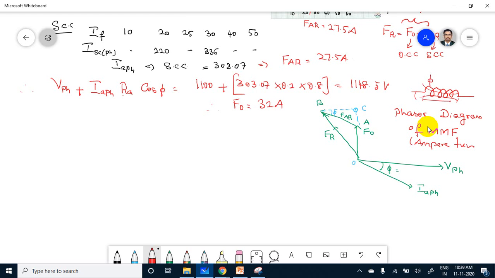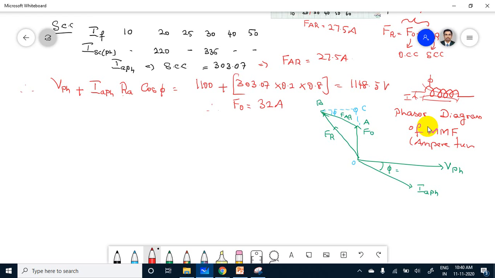This flux is nothing but field lines. Based upon the current, the flux will be produced. If you apply the voltage, then only the current flows. Once the current enters this number of turns, then only the flux will be produced. That's why this is known as the ampere turns method. This is the phasor diagram.